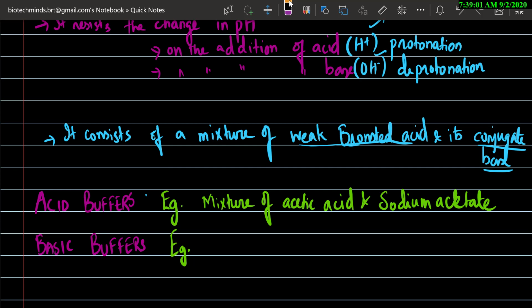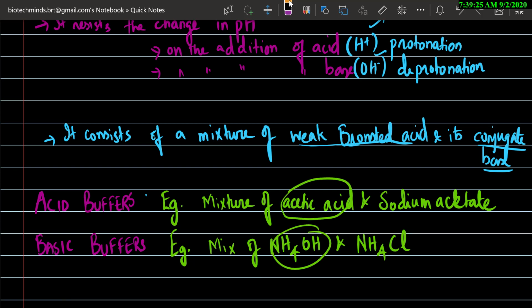The example for this is a mixture of ammonium hydroxide and ammonium chloride. So in these two, acetic acid acts as an acid buffer, and ammonium hydroxide acts as a basic buffer in these solutions.